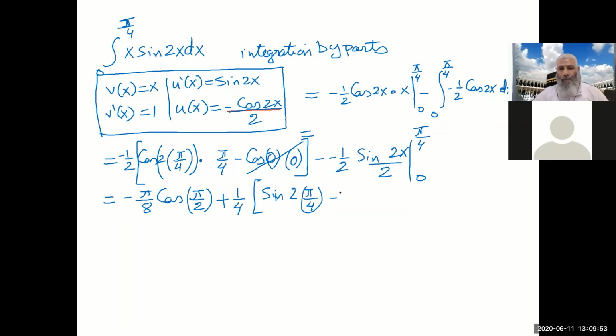Minus sine 2 times 0, right? So this is minus pi over 8.